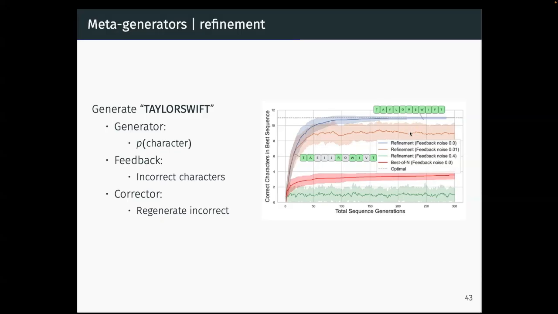And then what's interesting is you can basically add noise to the feedback and control how good the refinement is based on how noisy the feedback is. In some sense, this might be simulating what is happening with the language models, where if you have really high quality external feedback, then the refinement works well. Otherwise, if the feedback is too noisy, then it might even be worse than best of n.